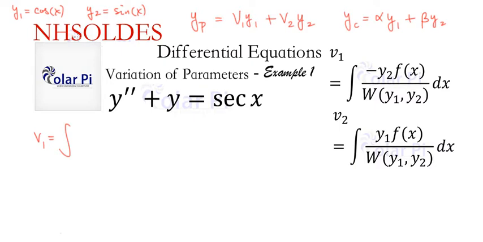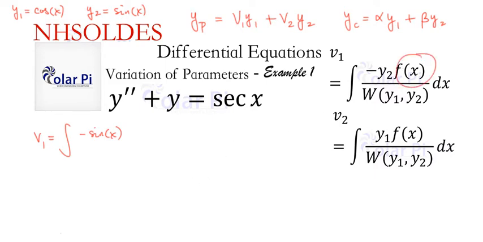Anyway, they are a fundamental pair, and all it means really is that the Wronskian, what I circled, isn't 0. We need to calculate it soon, so you'll see what the Wronskian is, which I also explain in greater detail in example 0. Anyway, v1 is equal to negative y2, so in this case, negative sin x, and then times f of x.